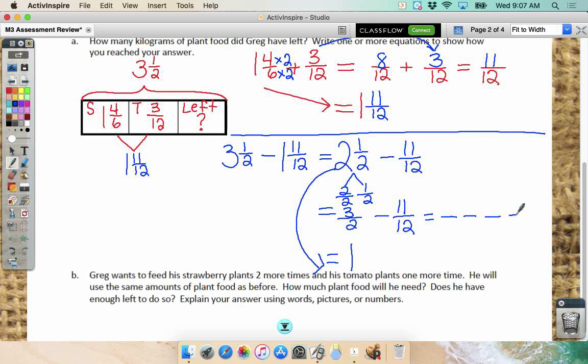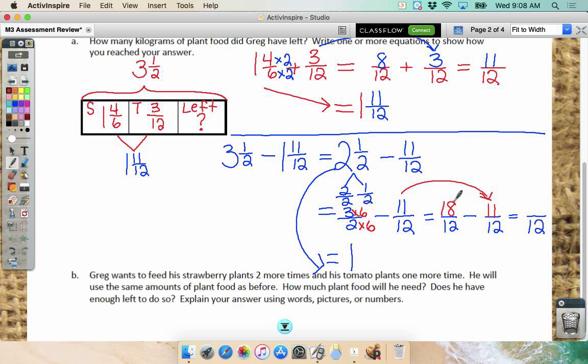Common denominator for 2 and 12? 12. And if 12 is my denominator, which fraction do I need to keep? 11 twelfths. Okay? And 2 times what equals 12? 6. So 3 times 6 equals? Okay?